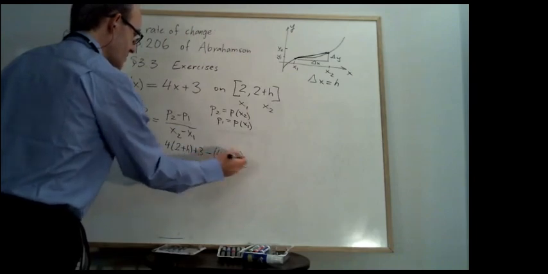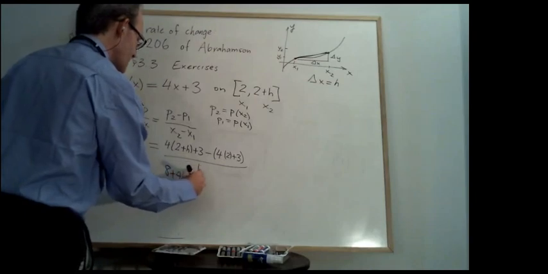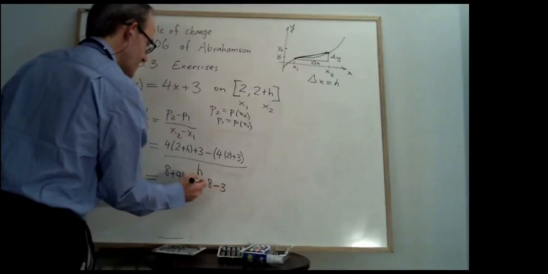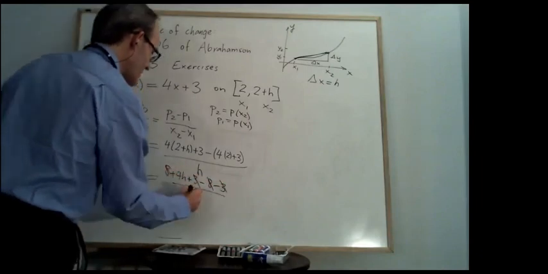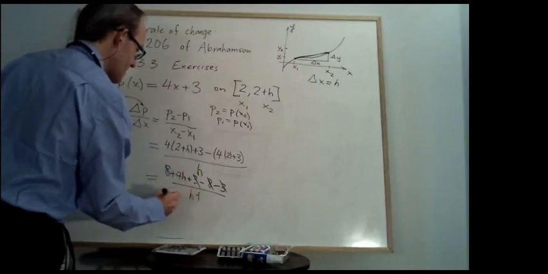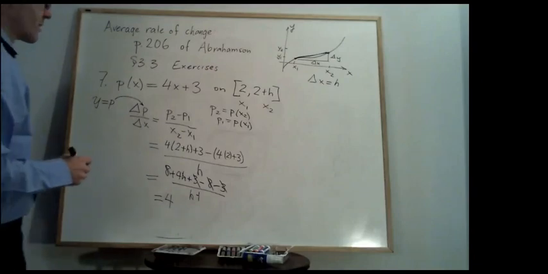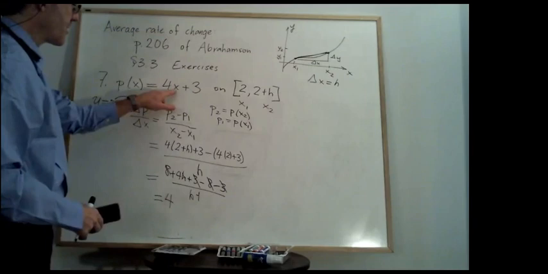Remember the brackets and the extra minus sign goes there. So 8 plus 4h plus 3 minus 8 minus 3. You can see easily the cancellation, divided by h, the h's cancel, and we get 4. Now this makes sense because that's just equal to the slope of this line.